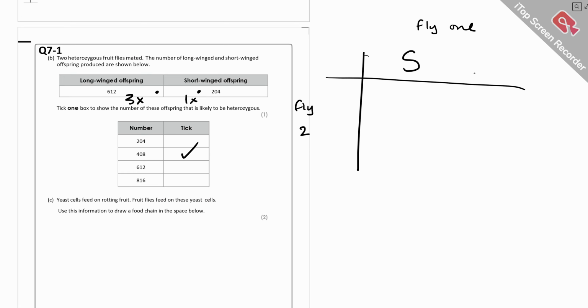Should we put big S, small s, big S, and small s? Or should we do long? Okay, forget that. It might make it a bit easier if we do long. Right, capital L, lowercase l, capital L, lowercase l.